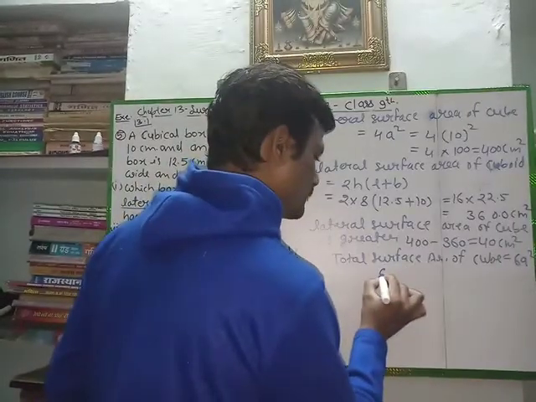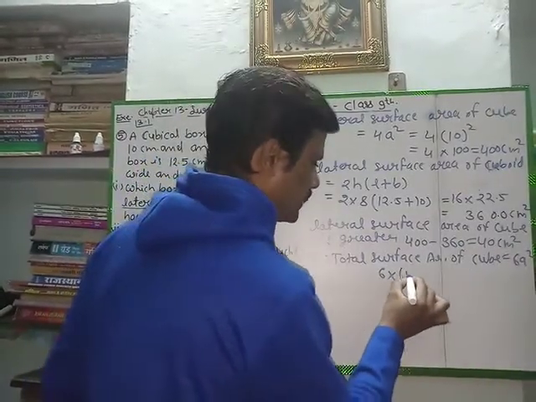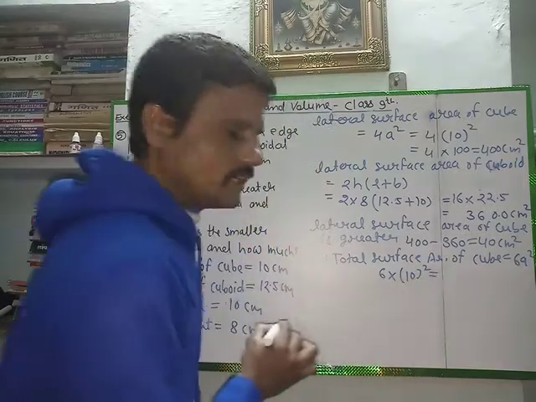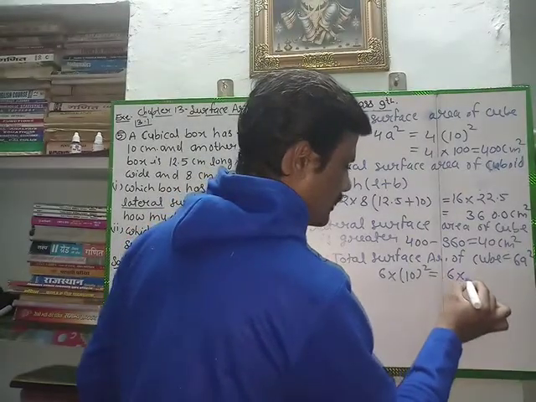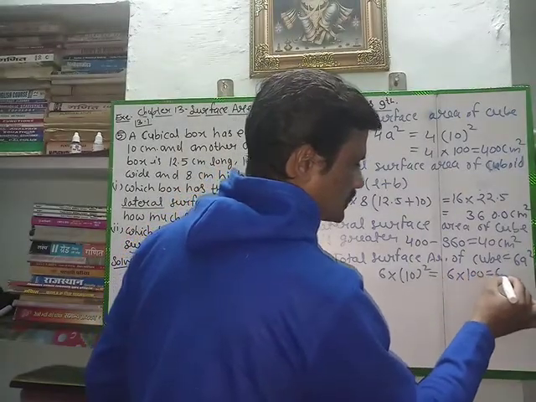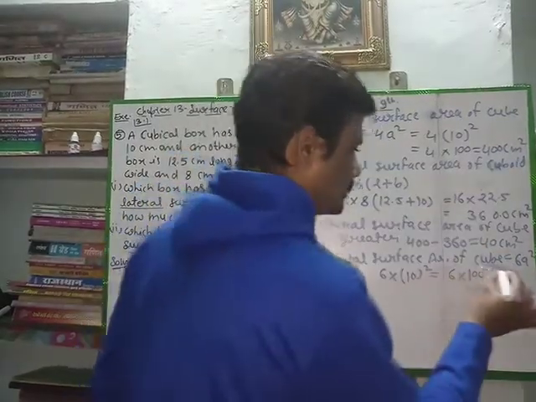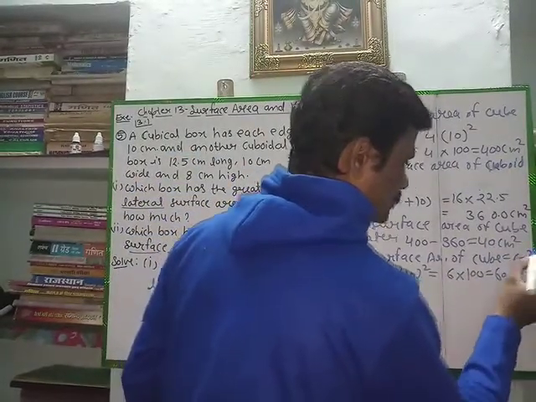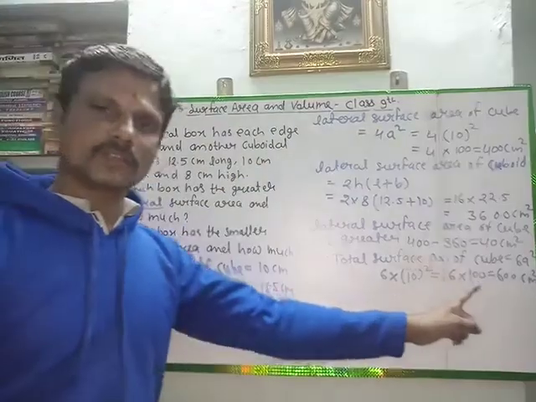Put the value: 6 multiply with a means 10 square. ठीक है. So this will become 6 multiply with 100, 600 centimeter square. This is the total surface area of cube.